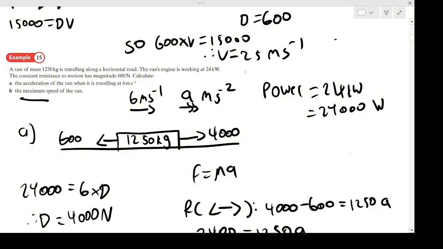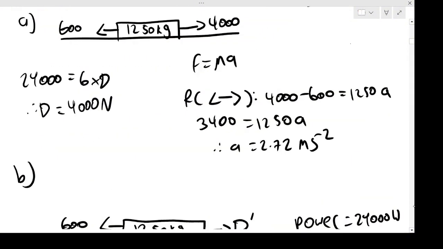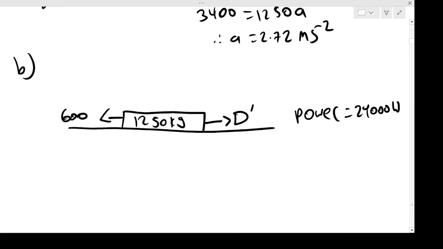The maximum speed is when the acceleration is 0. So I'll say the acceleration is now 0 because it's at maximum speed. That's what it means. The speed is v, and I want to find v. Again we've got power.